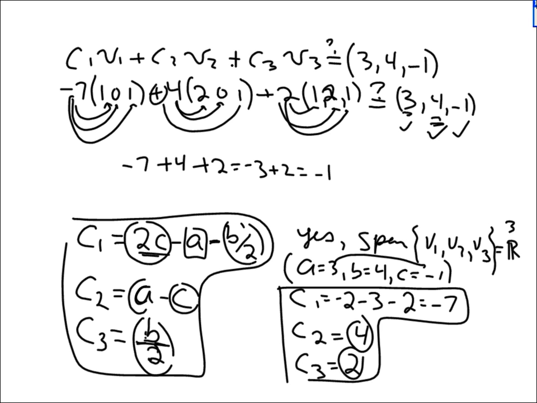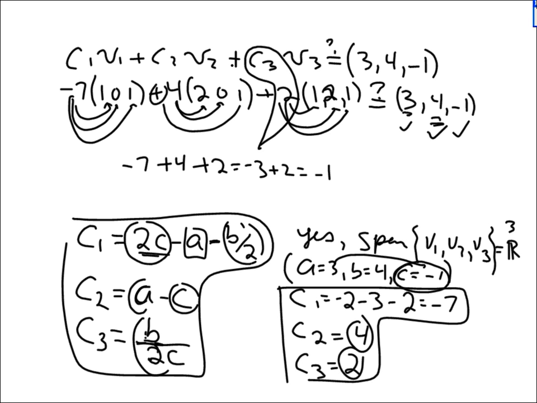Again, if C3, for example, was B over 2C, I couldn't allow my C to be 0. Because then what would I put in for C3? Something over 0.